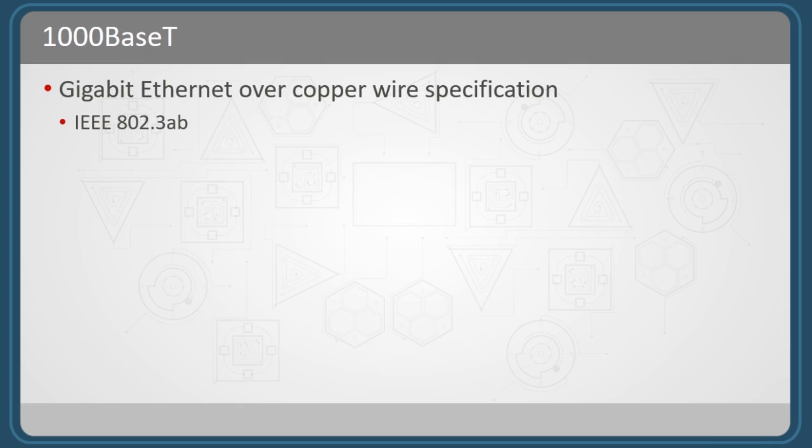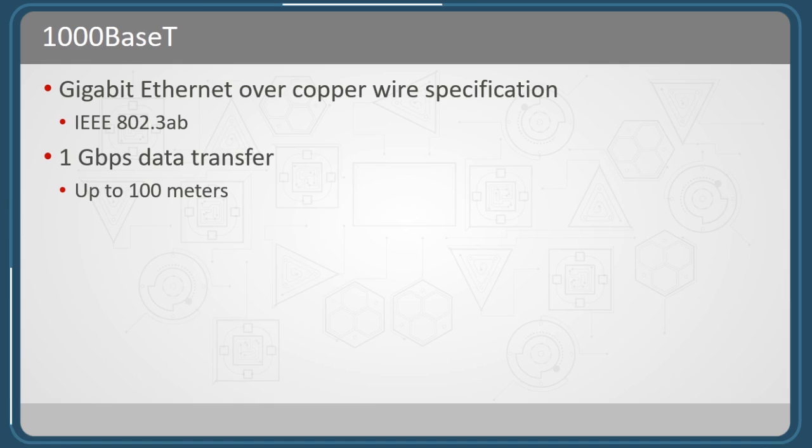Then we saw 1000 base T, or gigabit Ethernet. Over copper wire specification, this is defined by IEEE 802.3AB. And of course, the 1000 indicates 1 gigabit per second data transfer up to 100 meters. And that's a fairly standard value still in Ethernet networking, about 100 meters before you have to repeat or boost that signal.